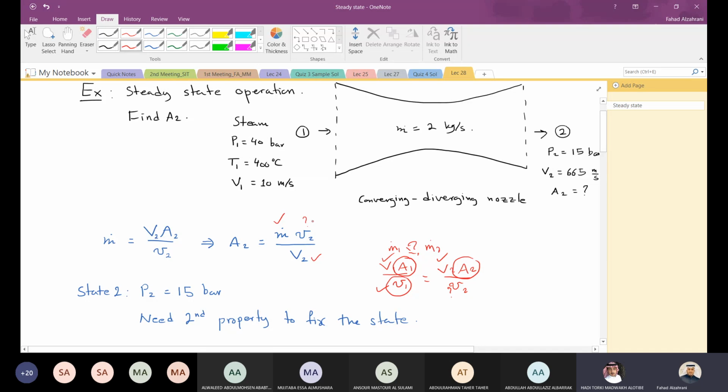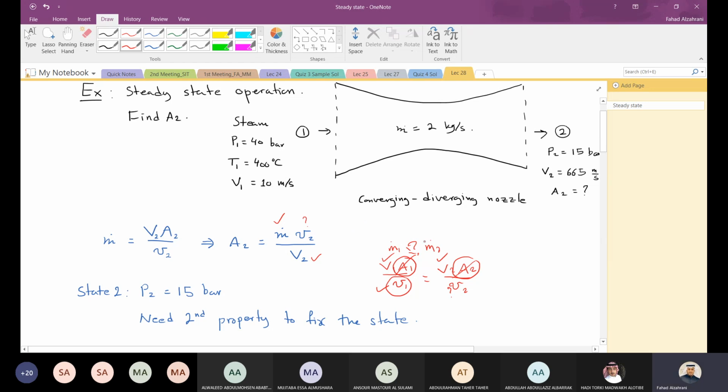Doctor, should it be given the ratio between A1 and A2? No, I didn't give you the ratio, there is nothing. And do not assume things, please. Do not assume things that are not given. Do not assume maybe A1 equals A2 and then go solve. No, this is wrong.